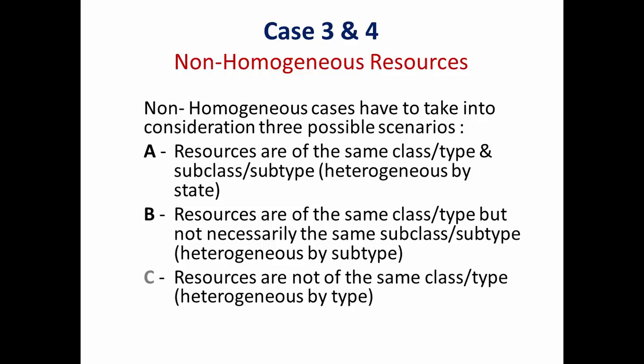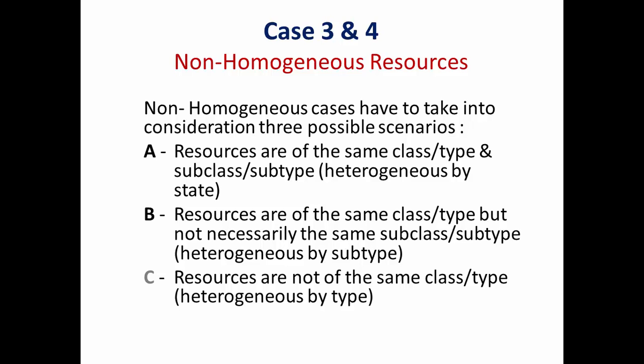There are three possible scenarios in this situation of resources being non-homogeneous, which means heterogeneous. They can be heterogeneous, they can be distinguishable, they can be different. Even so, they are of the same type and the same subtype. So it means we have the class and we don't have any subclassing.